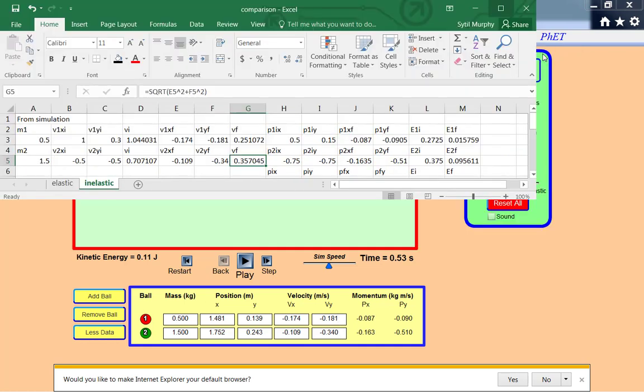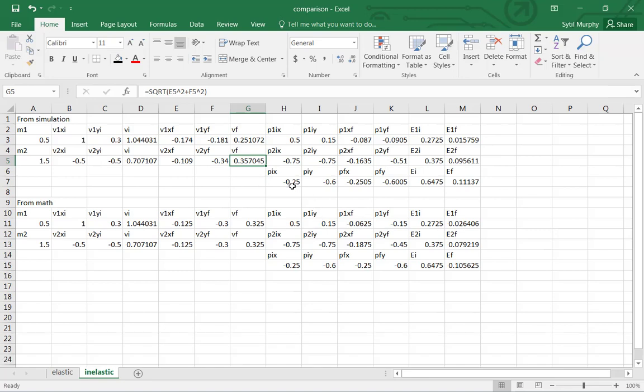So if we make this bigger again and look at the simulation, again, the final momentums are off just a little bit. In fact, if you look, they're the same amount off, at least in the Y direction, that they were for the elastic collision. They're close, they're just not quite there. And we wouldn't expect this one to conserve energy, and it really, really doesn't.